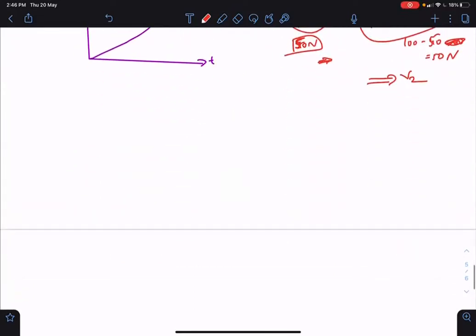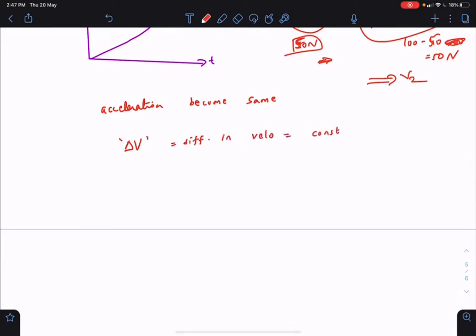And here, finally, the acceleration becomes the same. Acceleration becoming the same means delta v, the difference in velocity, becomes constant. Ultimately, at steady state, or finally after a long time, the difference in velocity remains the same.